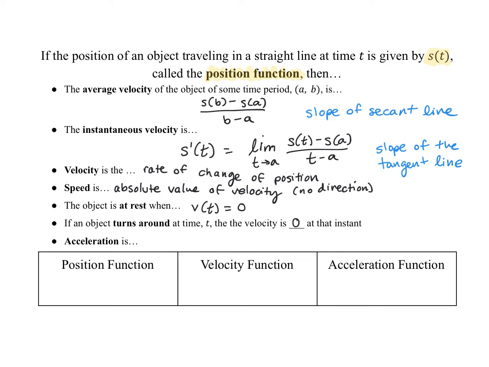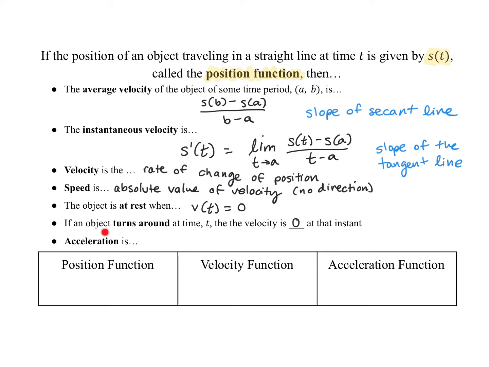Now, I do want to point out, this is not to say that whenever the velocity is 0, you're changing direction, because it's possible to be moving to the right, you stop moving, but then from there you keep going to the right. So just because the velocity is 0 doesn't necessarily mean you're turning around, but if you turn around at that exact instant, our velocity is 0.